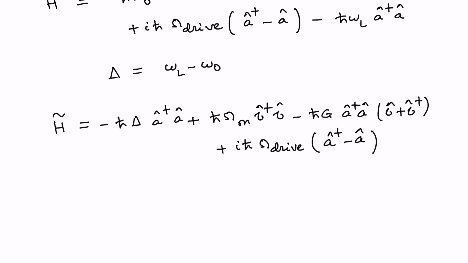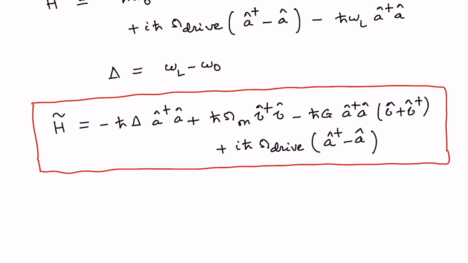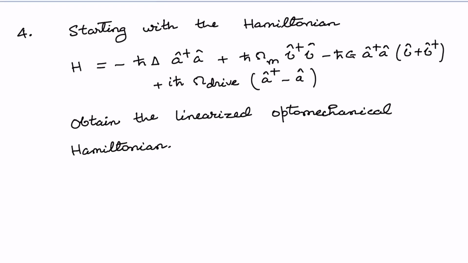So this is the required transformed Hamiltonian, and this is what we have written in our lecture classes as well. You have seen that if you apply the Baker-Hausdorff formula systematically, you can very easily obtain this result. Now let us work out this problem number 4.